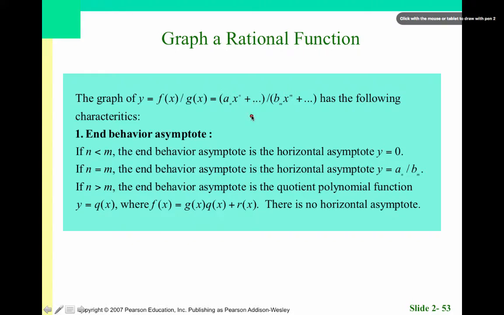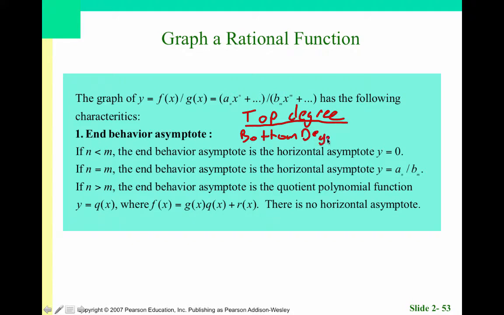So if the degree on top over the bottom degree, this is what we're going to focus on. And in this case, n is the top degree and m is the bottom degree.